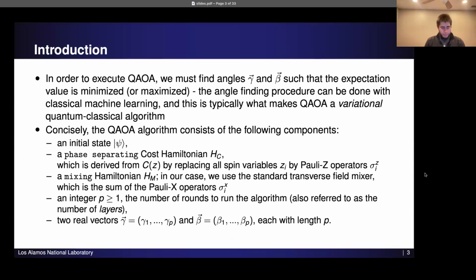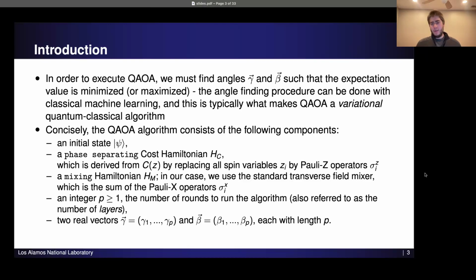Right, so in order to run QAOA, we need to find these angles, beta and gamma, which are our parameterization of our two alternating simulations of Hamiltonians. In particular, we need to optimize them in some way so that the expectation value that we get out of the computation is either minimized or maximized.